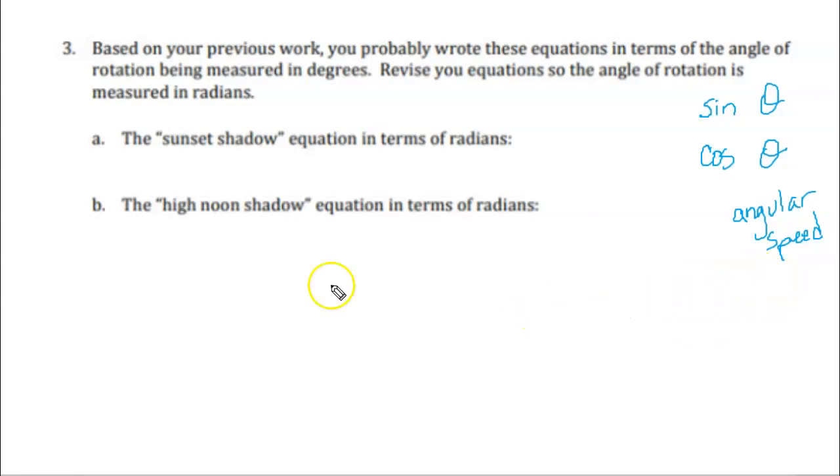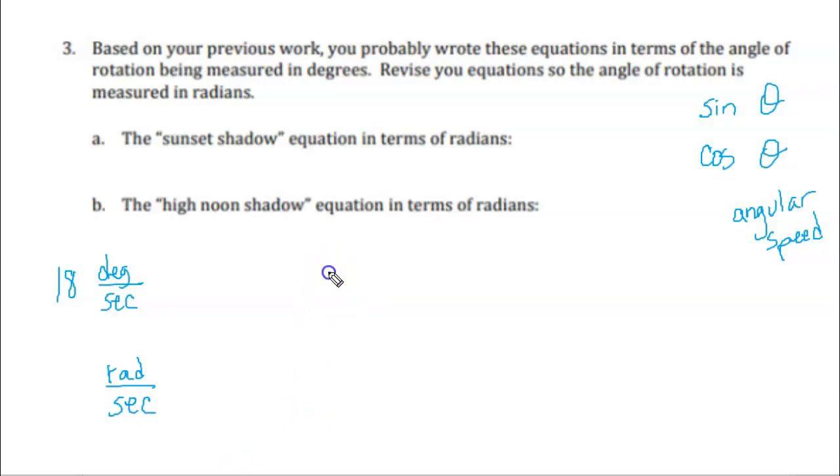So it's that 18 in our equations that is going to have to change. It was 18 degrees per second because our time was in seconds. So we need to change our angular speed to be in radians per second. That's what we need to change for our equations.